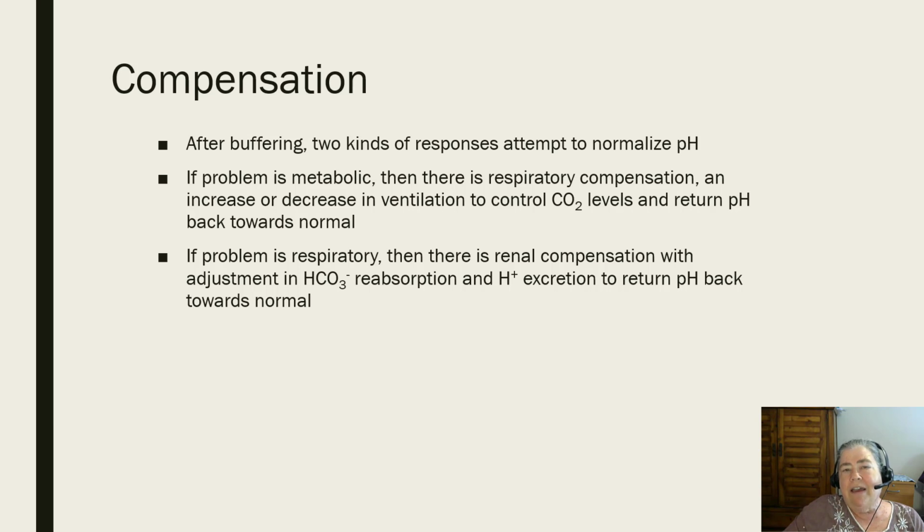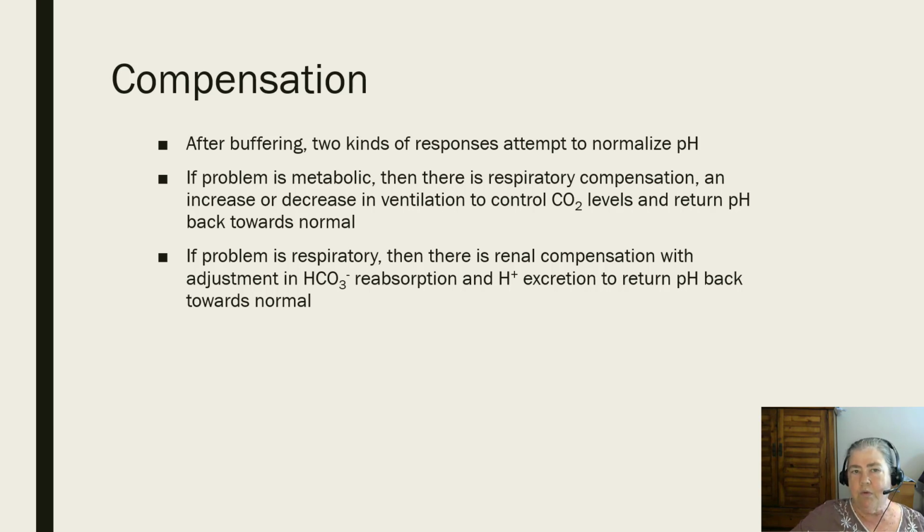So there's compensation. The first way that the body tries to control pH is buffering, but then there are responses that attempt to normalize pH by compensation. Typically, if there's a metabolic problem, then there will be respiratory compensation, changes in ventilation to try to control CO2 levels and return the pH back towards normal.